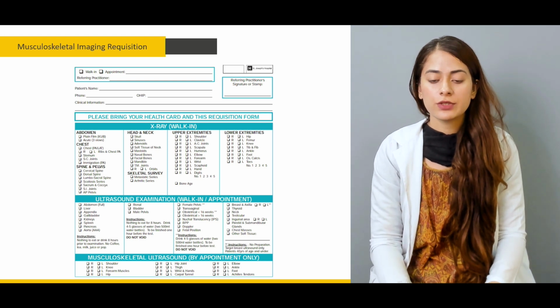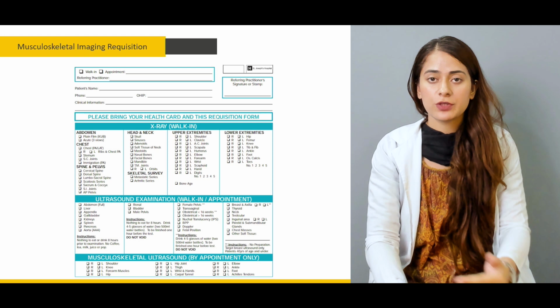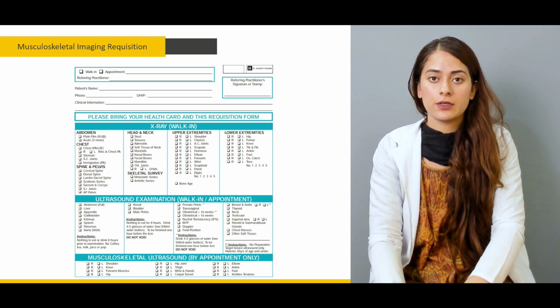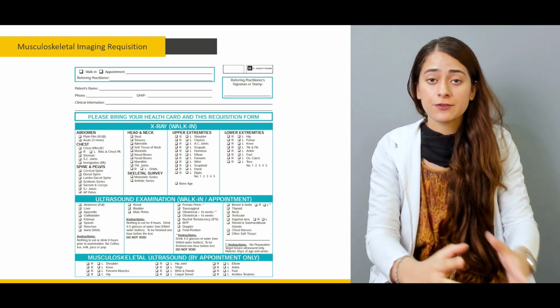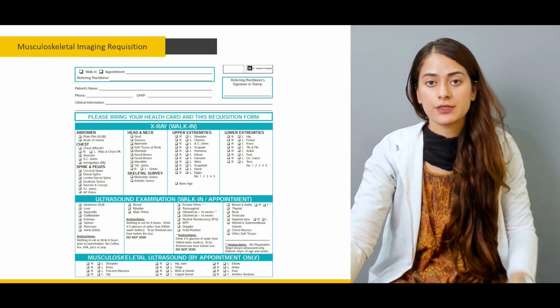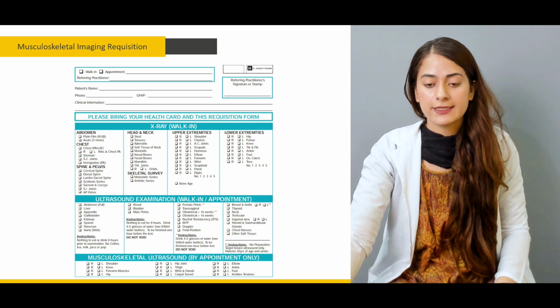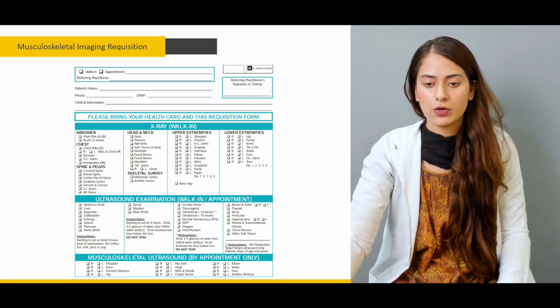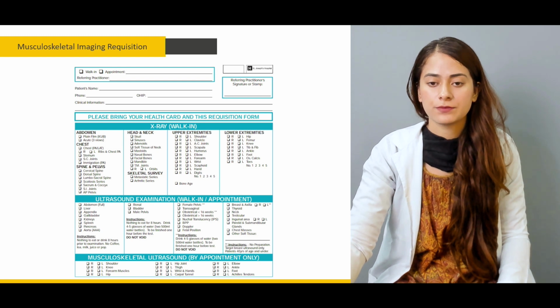But for ultrasound, there are different people who are more equipped with assessing or examining different body parts, and the ultrasound examination can be done on an appointment basis.